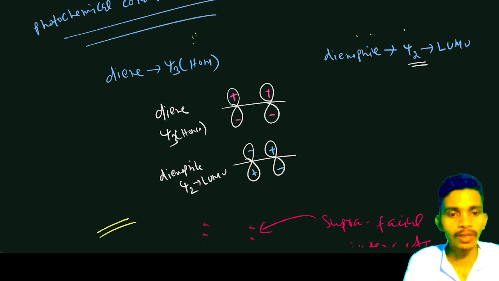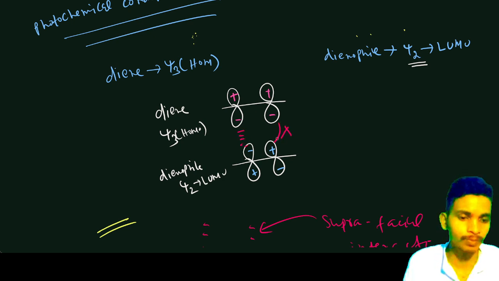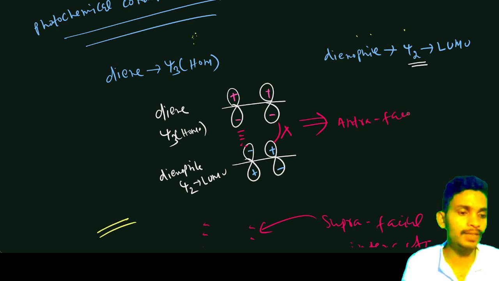So now if you look at the interactions, here the interaction is possible, but here the interaction is not possible. It means that this is the antarafacial interaction. So antarafacial interaction means no bond formation will occur.